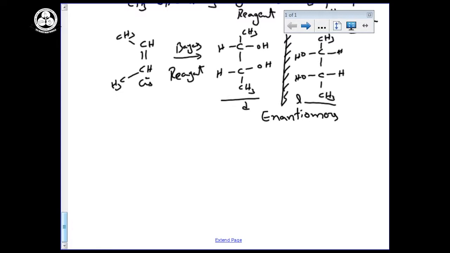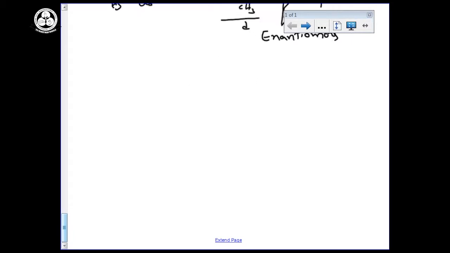See, another example I am taking, for example, maleic acid. Maleic acid I am taking. C double bond C, COOH, COOH.